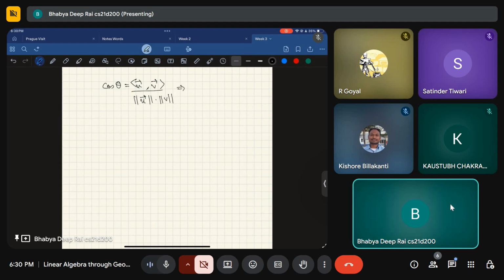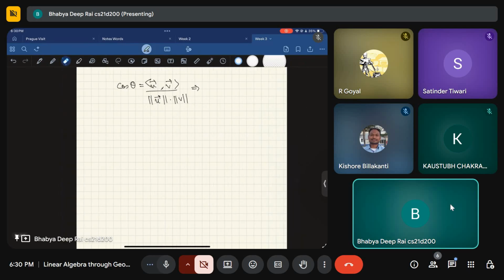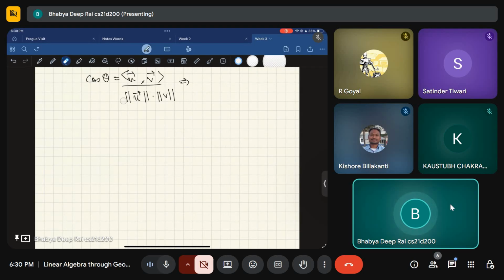So if theta is 90 degrees, cos theta is 0, which means that the inner product is 0.